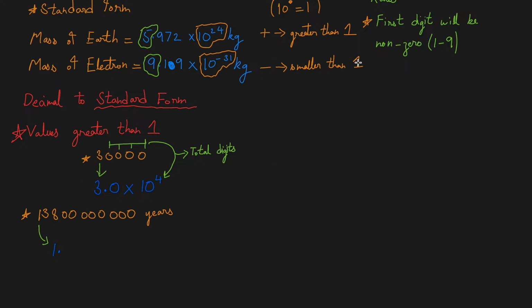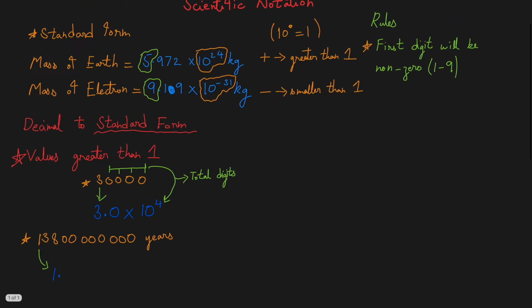Now this is also the rule, and I will write it down again. So the first digit will be non-zero, and then we just write the decimal point after the first digit.